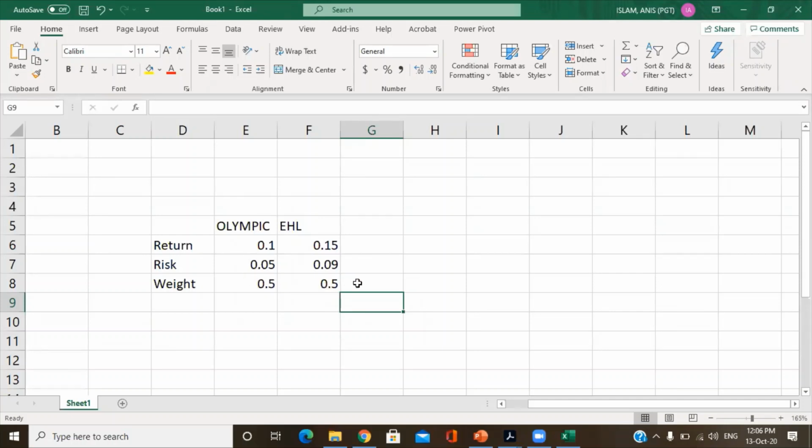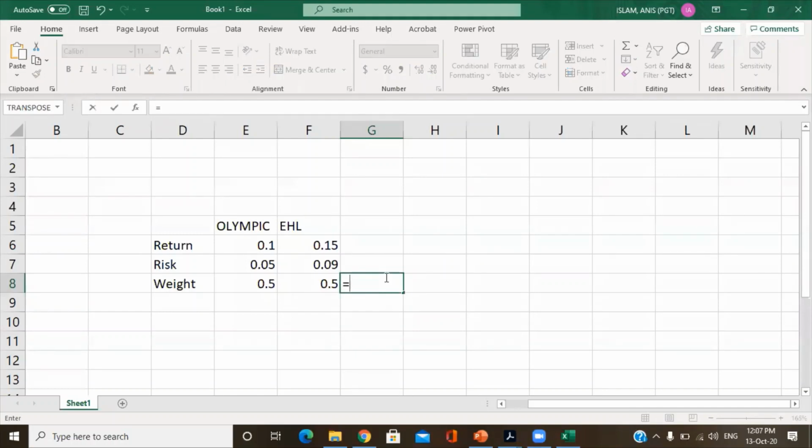So 1 by 2 means 50%. I'm not showing you how this formula has come, but let me show you the calculation this way. W1 is the weight for Olympic, 50%, and the return for Olympic is 10%.